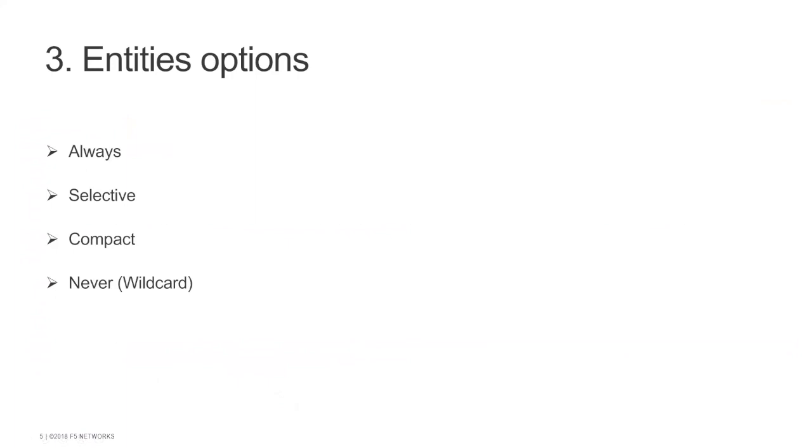Always is the setting that will create an element for every entity that matches the wildcard. At the end, when the policy is enforced, the wildcard will be deleted and only the explicit elements will remain in the policy.